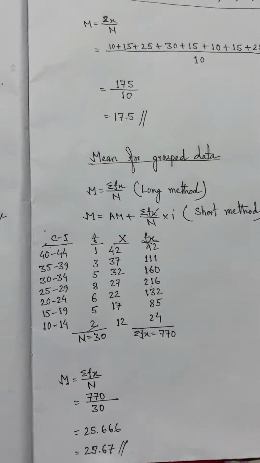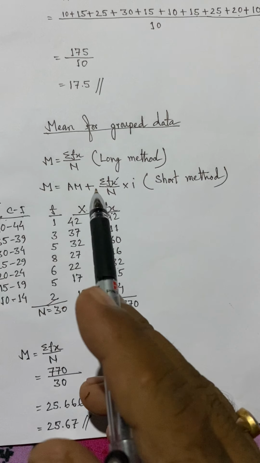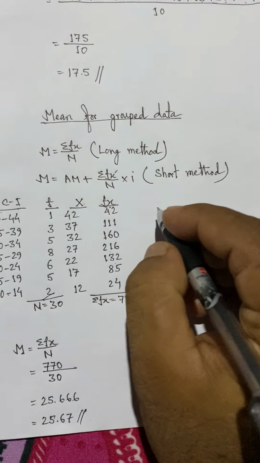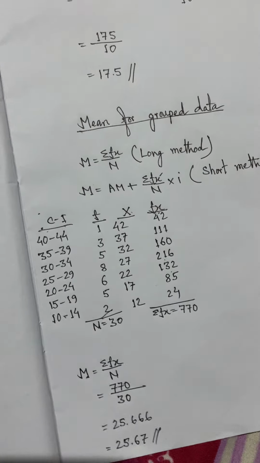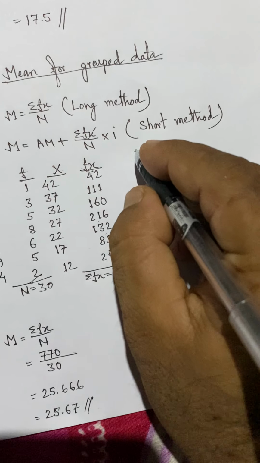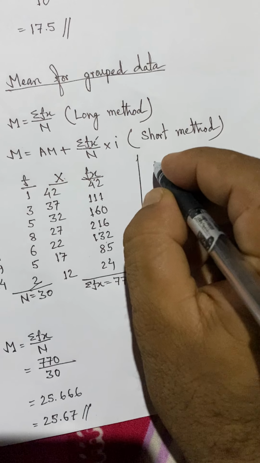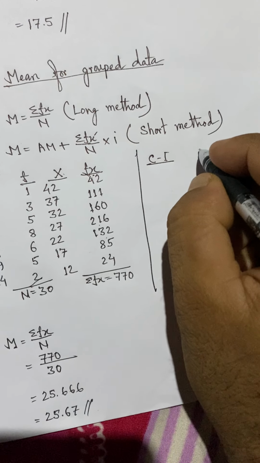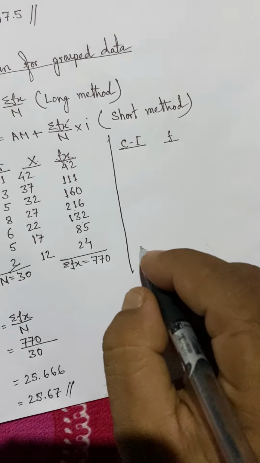Now let us calculate the mean by the short method. So I shall write the same table here: class interval, then frequency.